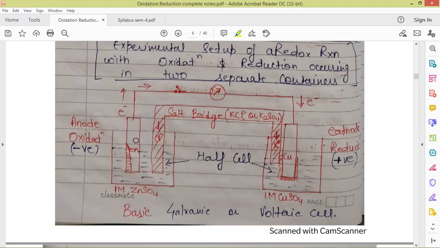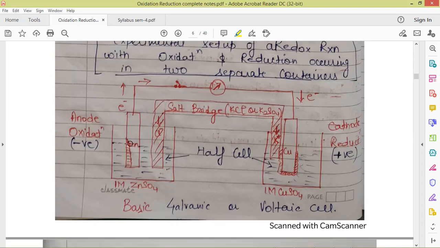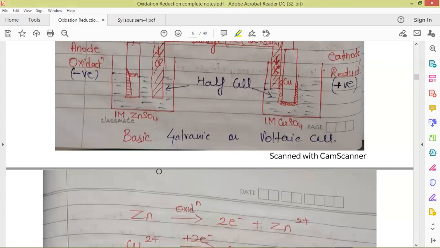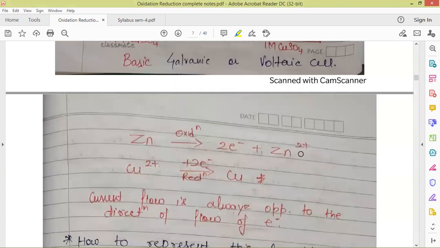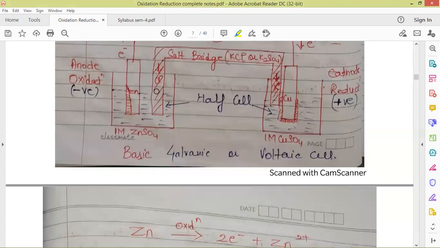When the reaction starts, zinc will get dissolved. Here I have shown zinc getting dissolved, and in this container deposition of copper is going to take place on the copper with the progress of the reaction. Zinc is undergoing oxidation and getting converted to zinc 2 positive. As the reaction proceeds, more and more zinc is getting into the solution, and more copper is getting deposited from the solution to the surface of the electrode.